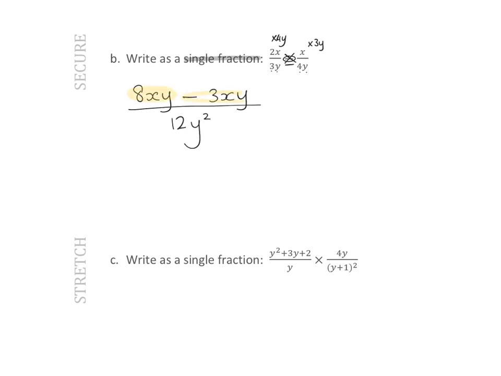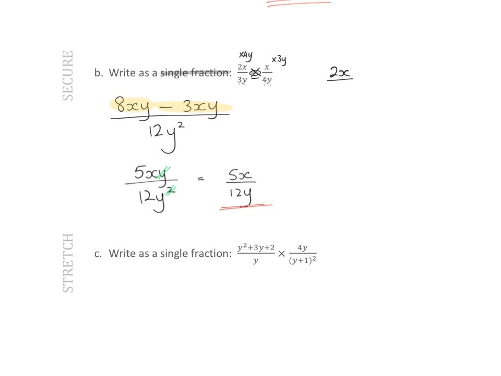Now I can simplify this top bit, they are like terms, so 5xy over 12y squared, and then I can take away 1y from the top and bottom, so 5x over 12y is my answer. I can't simplify any further.